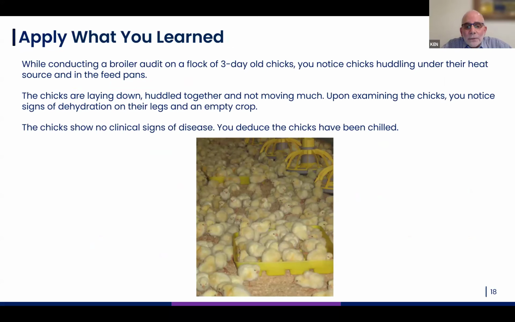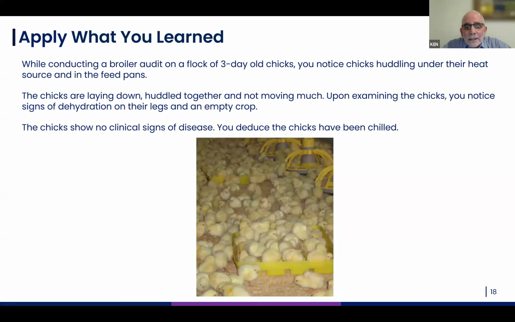So now I want to provide you with an example to pull the 5 domains and key welfare indicators together, and sort of a practical test for you. You're conducting an audit of a 3-day-old broiler flock, and you notice the chicks are huddling under their heat source and crowded in their feed pans. They're lying very closely together, huddled together, not moving much.